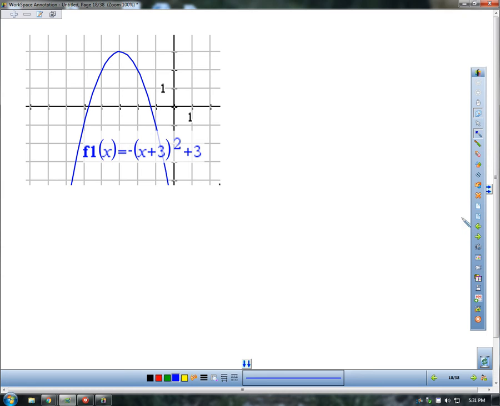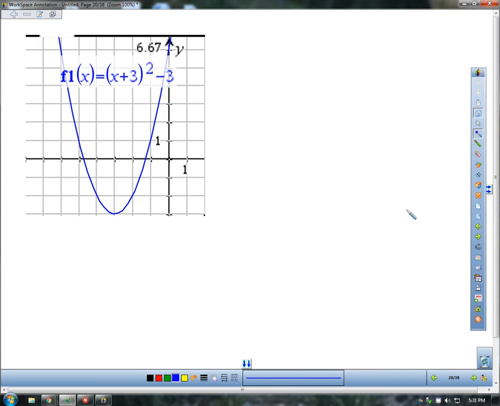So what is the axis of symmetry of this parabola? Well, here's our vertex. So whatever the x coordinate is, that's the x of my axis of symmetry.